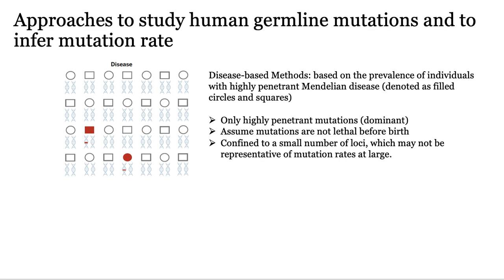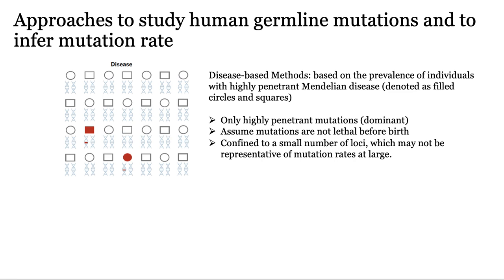So for this kind of mutation, we can count the prevalence of that specific genetic disease in the general population, and that can give us an idea of how often that mutation happens and help us estimate the mutation rate. The problem with this approach is that, as I mentioned, you can only use diseases that are highly penetrant.